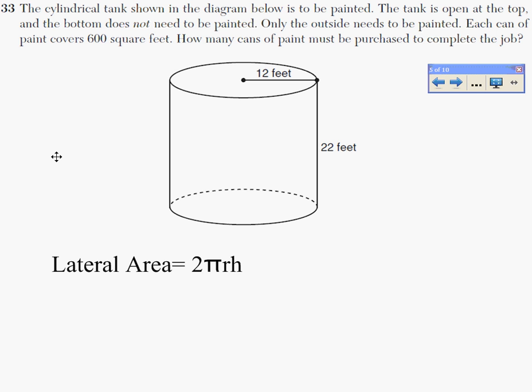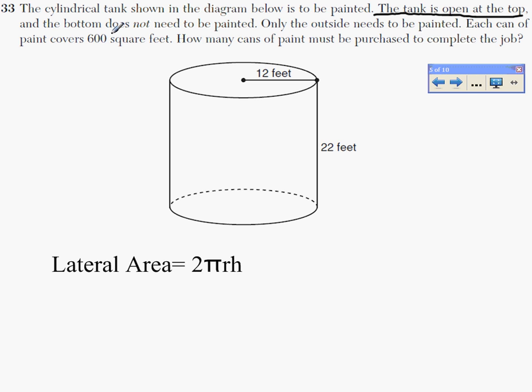Okay, so we are dealing with a lateral area problem here. More specifically, the lateral area of a right circular cylinder. Now, how do I know that it's lateral area? Well, the top is not going to be painted because the problem says that the tank is open at the top.